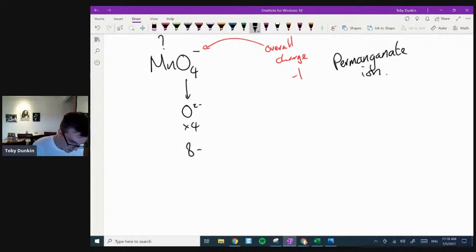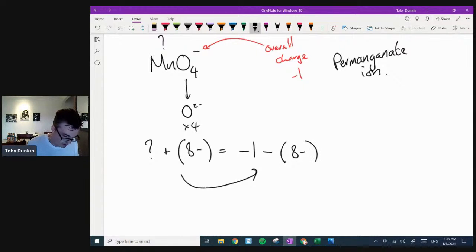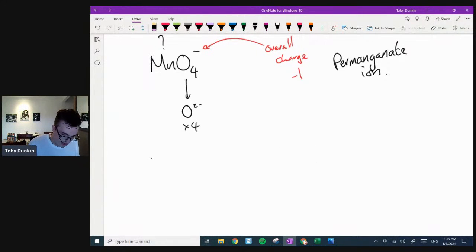So I've got a question mark plus brackets -8 equals -1. Let's do this algebraically. Always a nice thing to do. Let's now reorganize. Swing that over to this side, so that becomes a minus, brackets 8 minus, which will then just simply vanish, giving us a question mark. I'll rearrange that to there. As a teacher, I never like doing that.